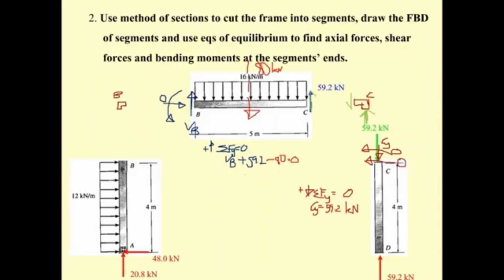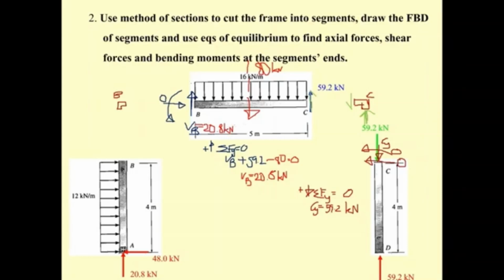So all the vertical forces are written here, and then V sub B equals 20.8 kilonewton.